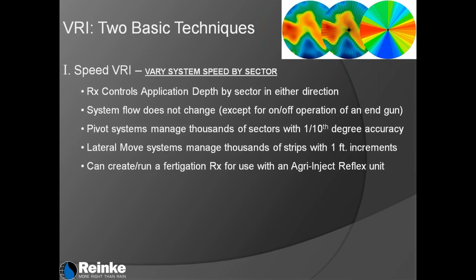And we can also create and run fertigation prescriptions with or without the use of the Agri-Inject reflex unit. Our software will allow you to write a prescription for fertilization, but the Agri-Inject reflex unit also has the ability to do even more with that, and it works very well with our touchscreen.